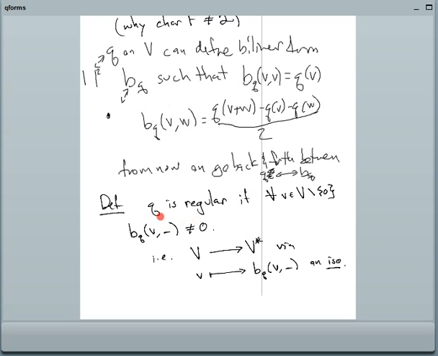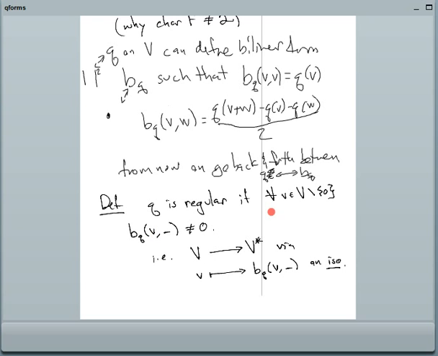So given our quadratic form and its associated bilinear form, we call it regular if it's non-degenerate. And so what does that mean? It means that you can tell if a vector is zero by seeing whether or not it pairs with everything else to zero.